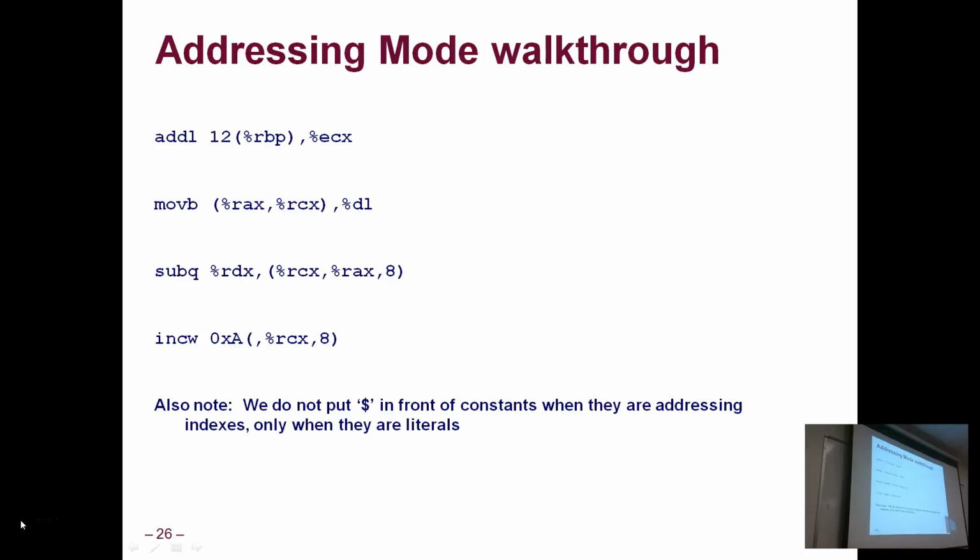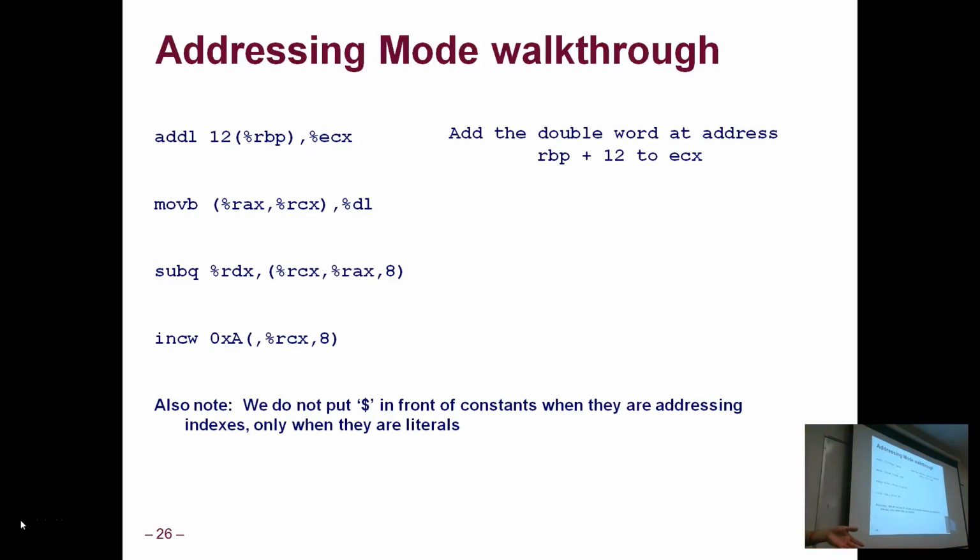That has to be 64-bit. You're specifying a memory mode, and the registers that you're using for that memory mode are 64-bit, but the actual instruction is a long word or a 32-bit value. And so what this does is says add the double word at this address, RBP plus 12, into ECX. And ECX is the bottom 32 bits of register C.